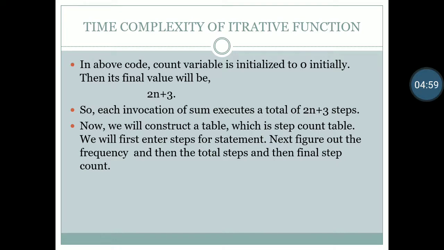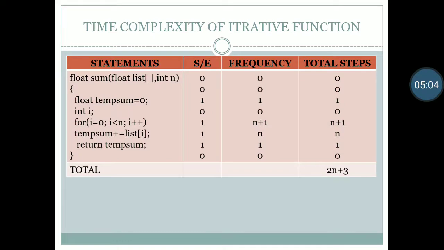How? For this, we have to do this type of calculation. On the left-hand side we have statements, frequency and total steps. Float tempsum equal to 0 will have one frequency. Integer i will have 0 frequency because we are only declaring i, not initializing its value.